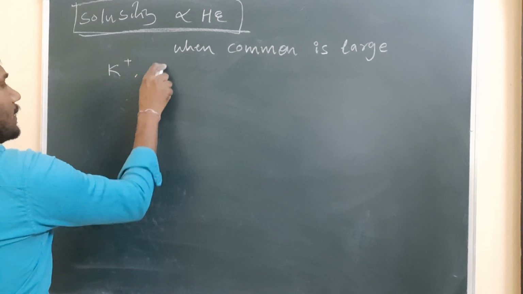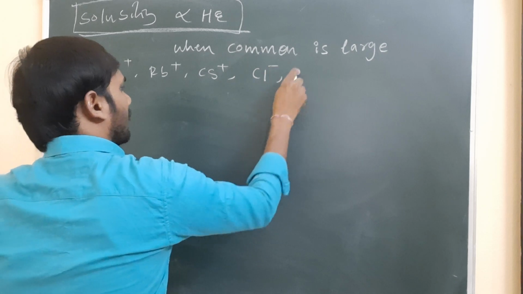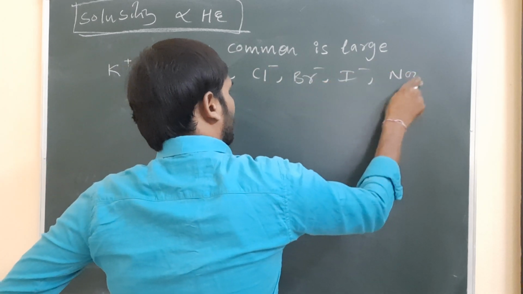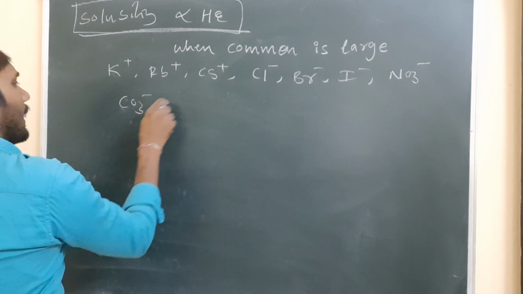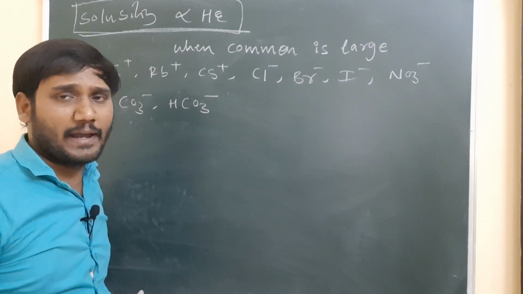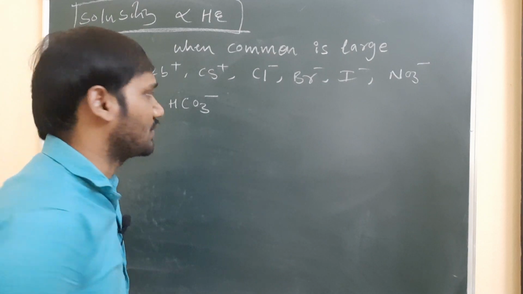Potassium, rubidium, cesium, chlorine, bromine and iodine. Next, nitrate. Next, carbonate and bicarbonate. Carbonate and bicarbonate behave as small ions with respect to group one elements, but with respect to other elements they behave as large.